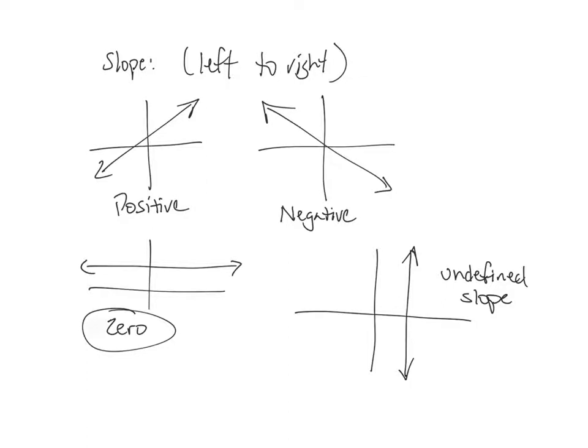If you're going downhill, it has negative slope. How much downhill? Is it steep downhill? Is it barely downhill? There's a way to describe that. You can't describe a line that's straight up and down. How steep is that? Do you go up 100 feet per 1 foot? Do you go up 200 feet per 1 foot? You can't describe it because it's completely vertical. Okay.